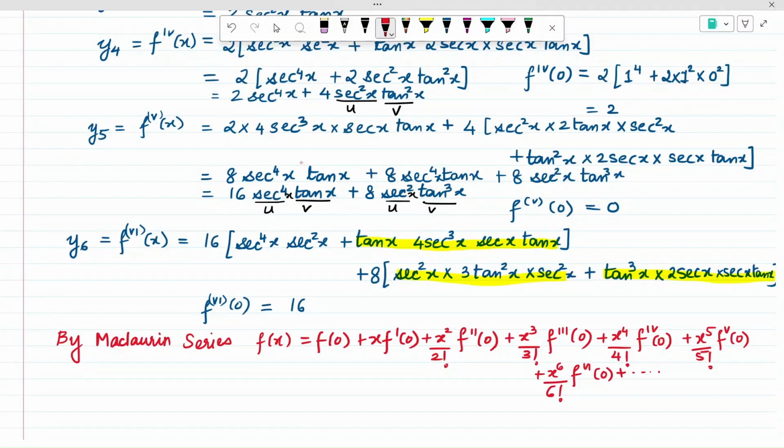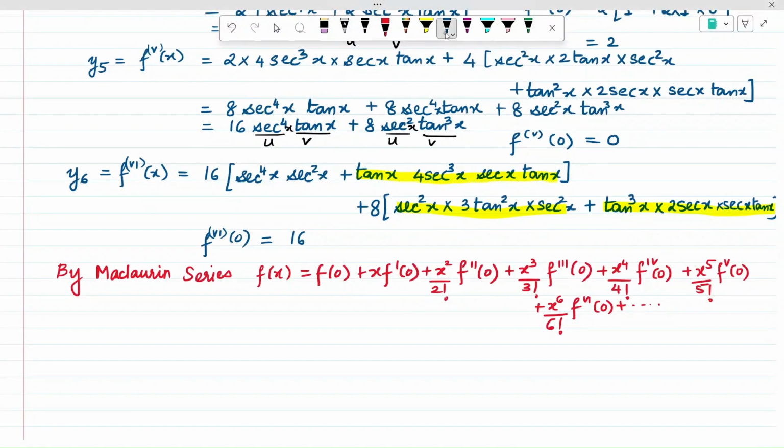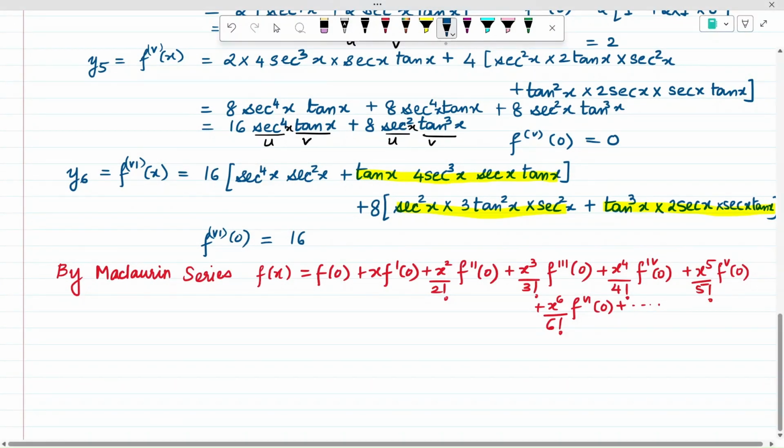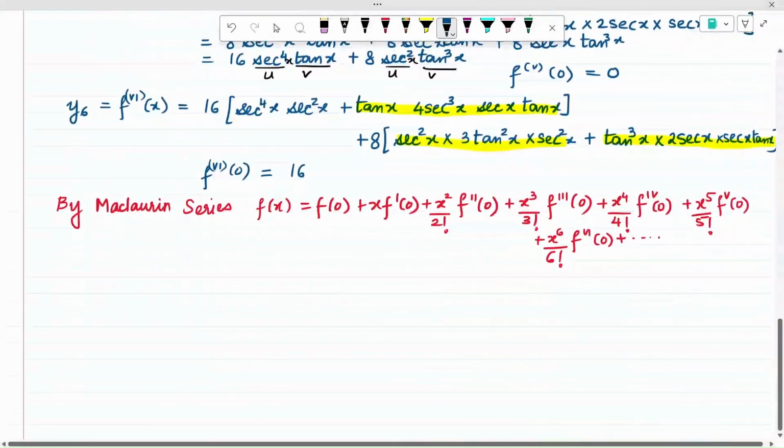We write it up to sixth order because we require up to sixth order as per the question. So let's substitute the values. f x in this question was log of sec x. So the left hand side would be log of sec x.